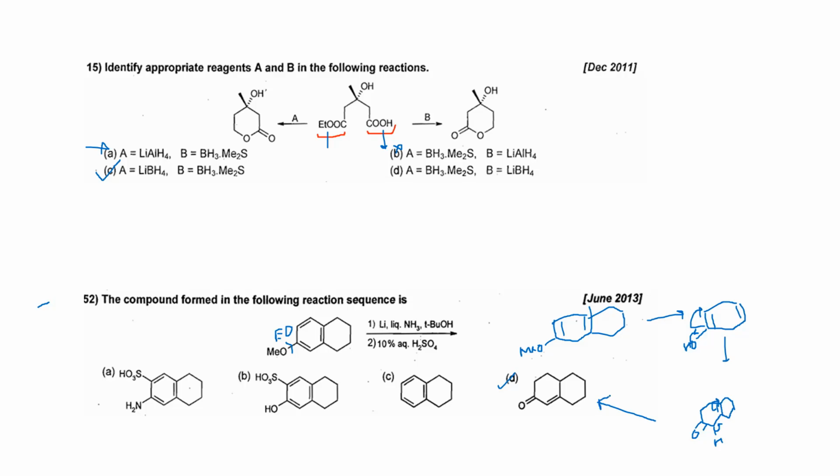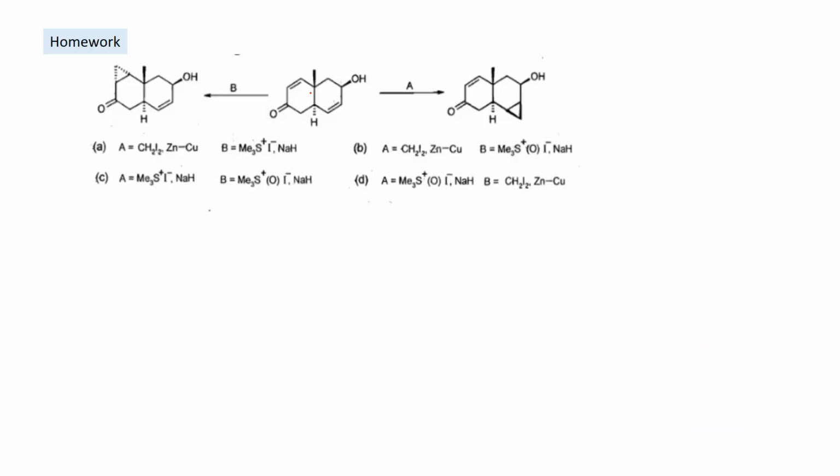Okay. At home, I will discuss this topic in the next class and we will solve this question. Just for instance, you can try it yourself. In the first, they have asked what is reagent A and B. In case of A, this allylic double bond is getting cyclopropanation, whereas in B, this alpha beta unsaturated double bond undergoes cyclopropanation.